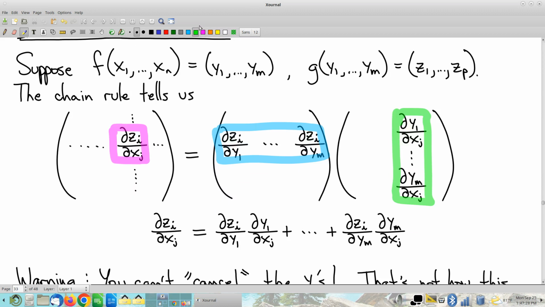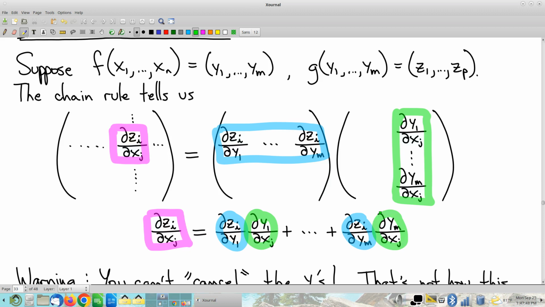So altogether, that one specific partial derivative we're interested in is, well, you can see these blue factors there and the green factors here, and dot, dot, dot in between. And there you go. There's your one single formula.